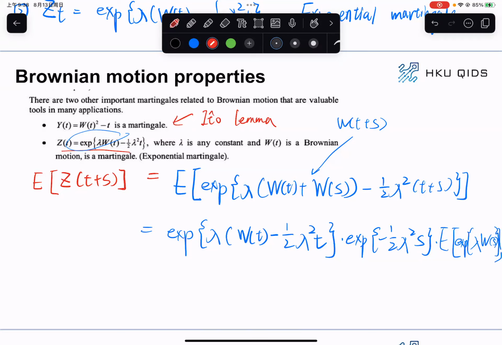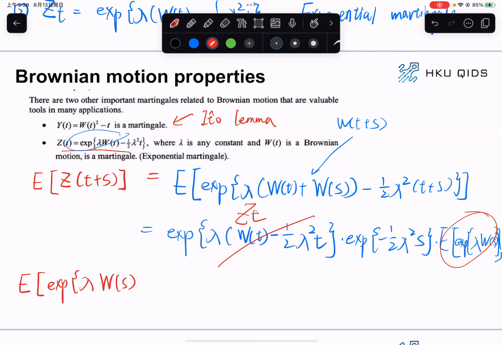So we already know this part is just Z_T, and we need to solve this part, the expectation of exponential lambda W_S. I'm going to say that this thing is going to be the same as exponential 1/2 lambda squared S. And can you believe that?